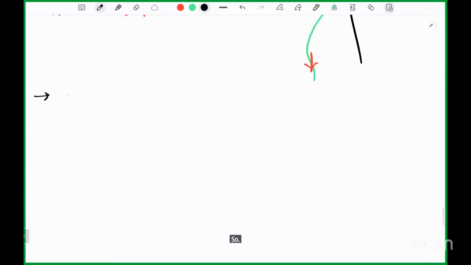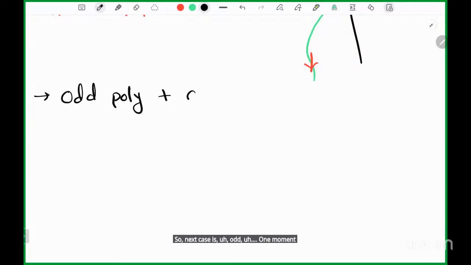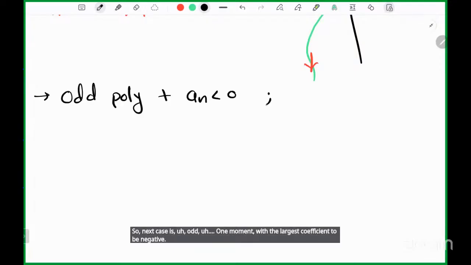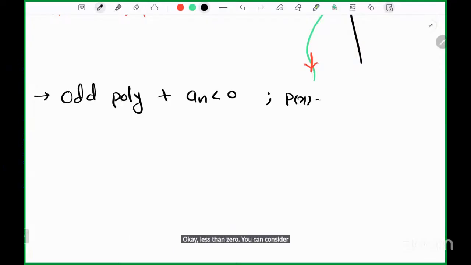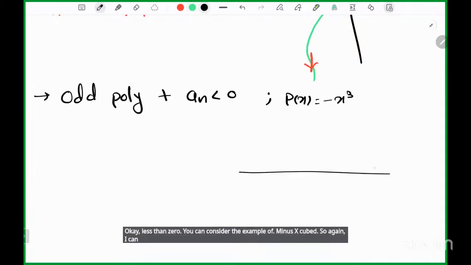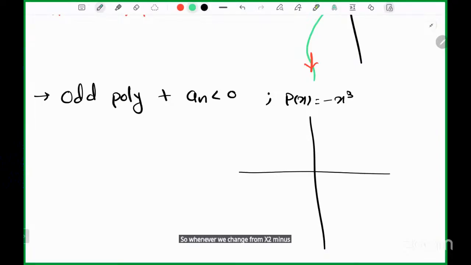So the next case is odd polynomials with the largest coefficient negative, less than 0. You can consider the example of minus x cube. So I'll give you the graph of the minus x cube function. Whenever we change from x to minus x, what happens? The graph will reflect about the y-axis, right?